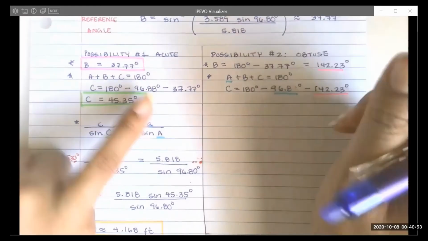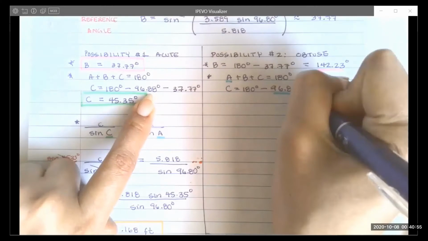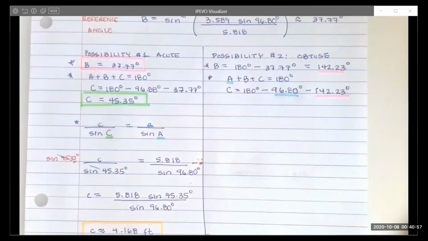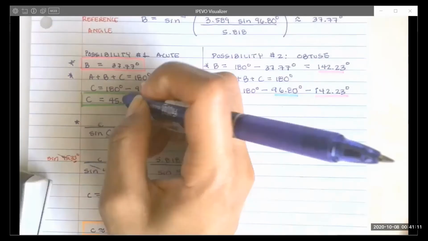Oh, you know what? I wonder if I made a mistake here then. I probably did. Let me double check. Because it should be 180 minus 96.80 minus 37.77. Yeah, it should be 45.43 here.